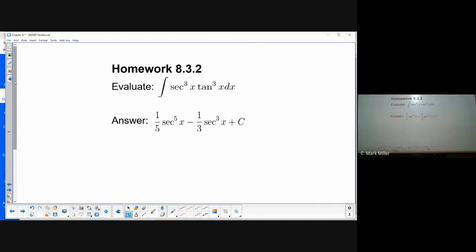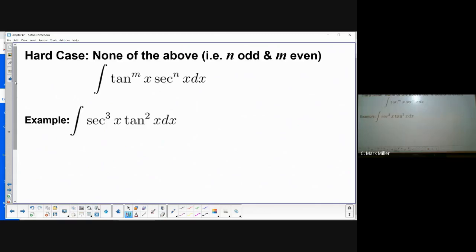So there's one for home. This is the sloppy case. Because it's easy when secant is to the even power, which it's not here. It's easy when tangent is to the odd power, which it's not here. So we're not going to have nearly enough time to do this today. But this particular case involves integration by parts, usually a couple of times, and you're going to wind up with secants to strange powers.